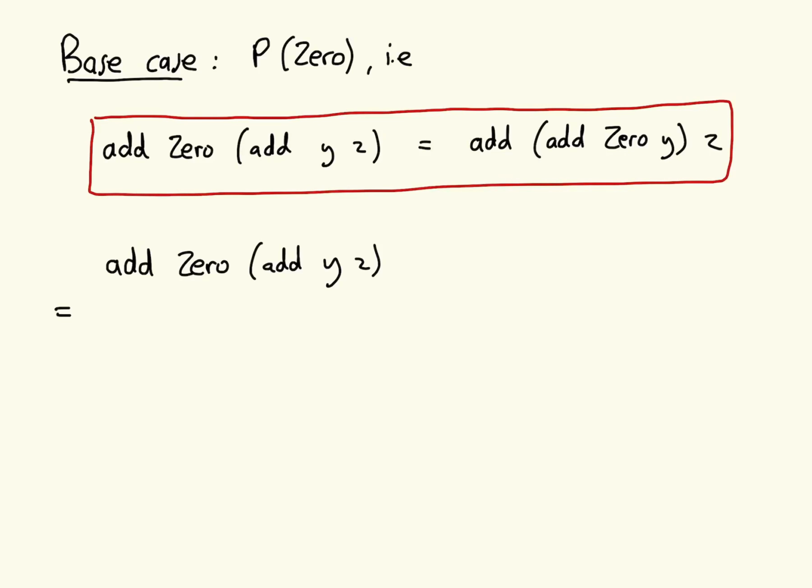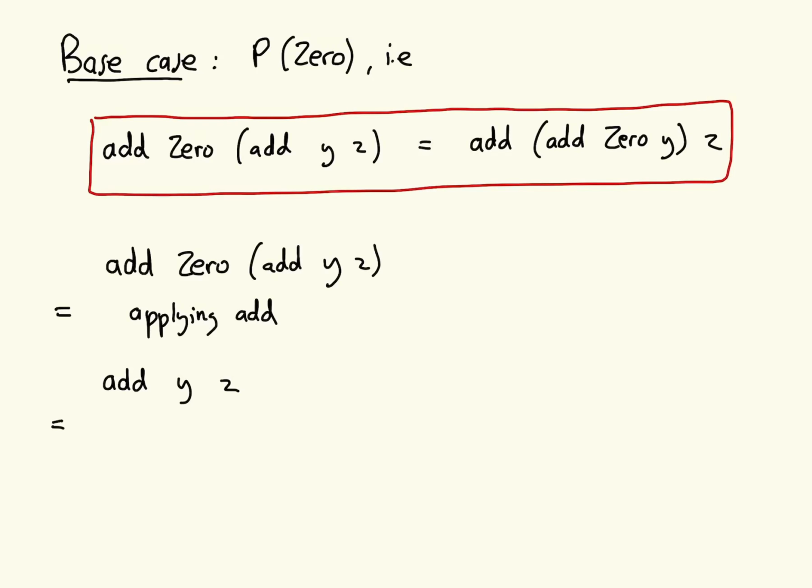Well, the first step is very simple. Here we're adding 0 to something, and by definition of the add function, if we add 0 onto anything, then we just get the anything. So here, if I'm applying the definition of the add function, I will simply get add of y z.